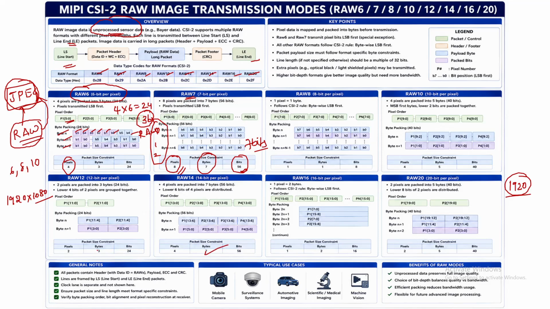See, 3 bytes, 7 bytes, 2 bytes, 5. So these many bytes of data we are transmitting from the transmitter side to the receiver side. See, 8 bits means what combinations do we have? 256 combinations are there, and 7 bits means what combinations will be there, and 10 bits means 1024. Based on that, the combinations are different bytes of data.